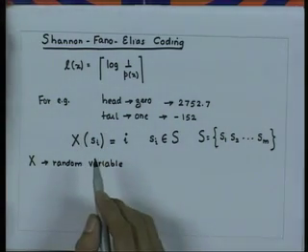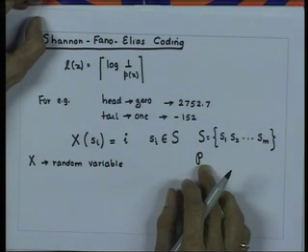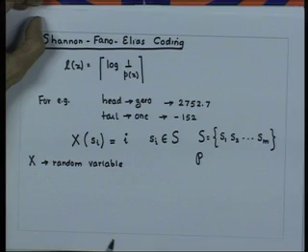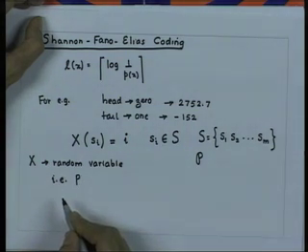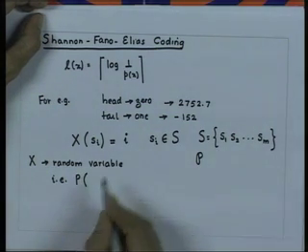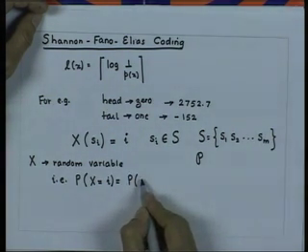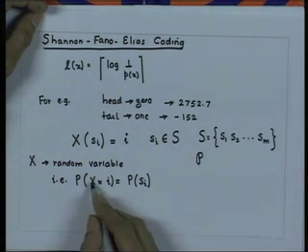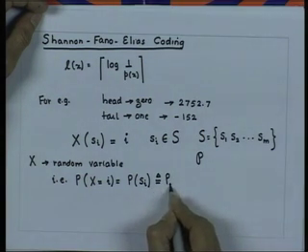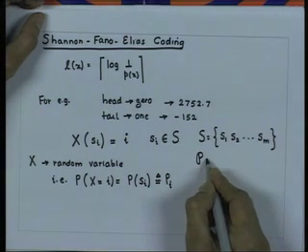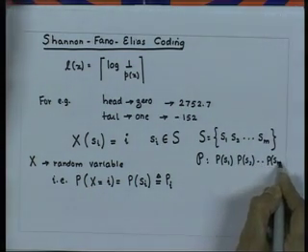Now, when we use this kind of mapping, given a probability model P for the source, we also have a probability mass function for the random variable X. That is, once we specify the source model, I can get my probability distribution for the discrete random variable as probability of X equal to I is equal to probability of SI, and this, for our convenience, we will indicate as P suffix I. So, the probability model has been given to us as P of S1, P of S2, up to P of Sm.